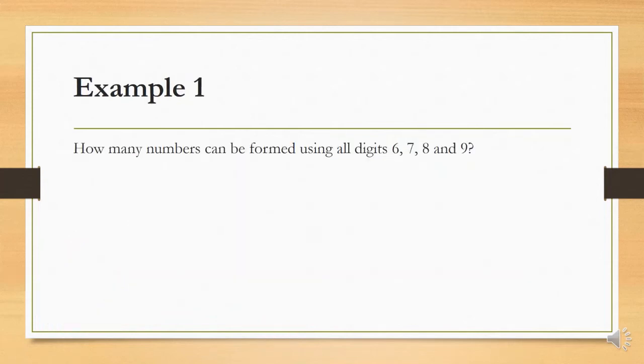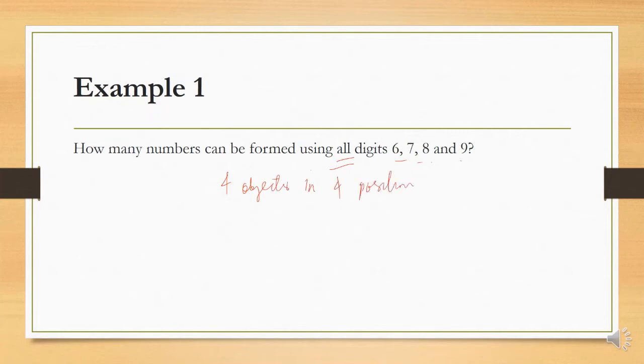Okay, so let's have an example. This is using permutation, no? So, how many numbers can be formed using all digits 6, 7, 8, 9? So, kapag ganito ang ating inaayos, we are actually arranging 4 numbers or 4 objects na lang para hindi nakakalito in 4 positions.